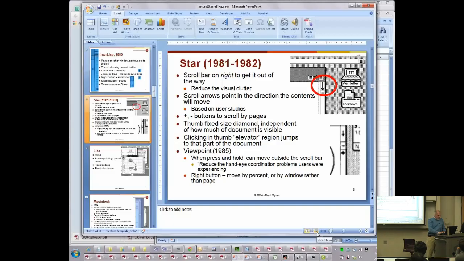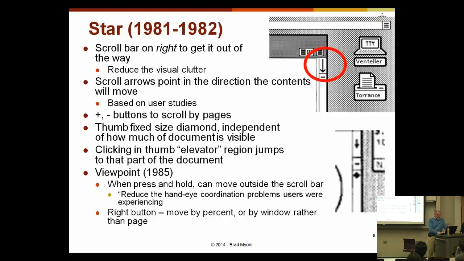Uh-oh. Why is that not showing up? That's bizarre. Oh, there it is. They did some user research to show that people expected the arrow to point down because that's the way the text moves.